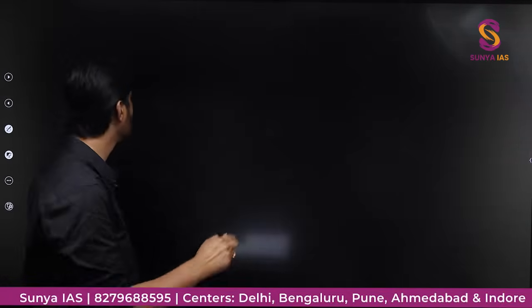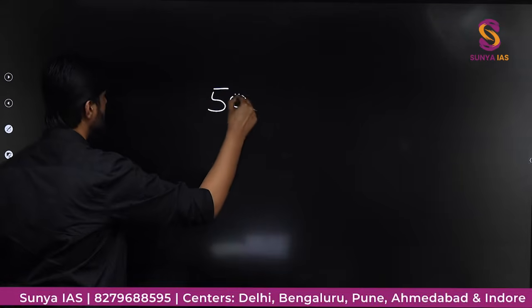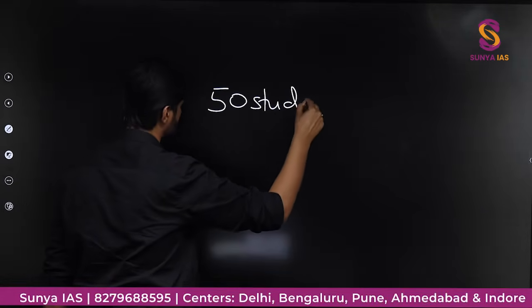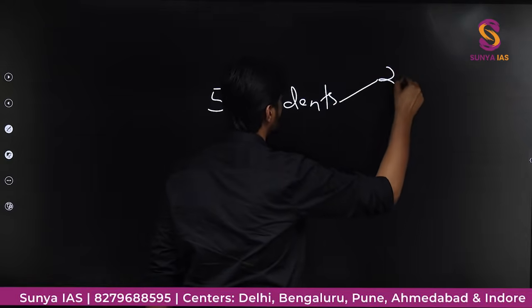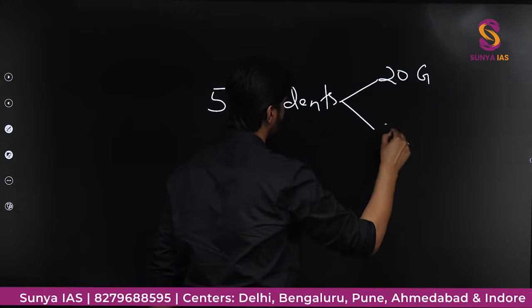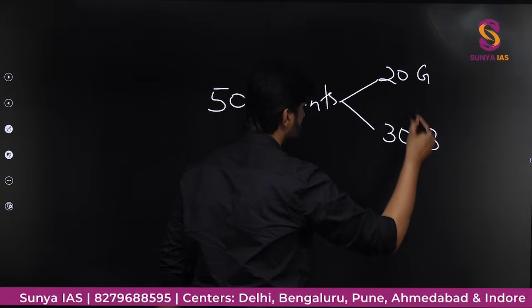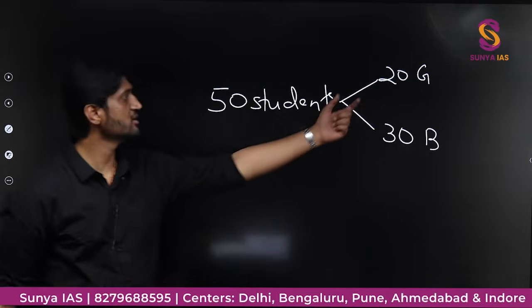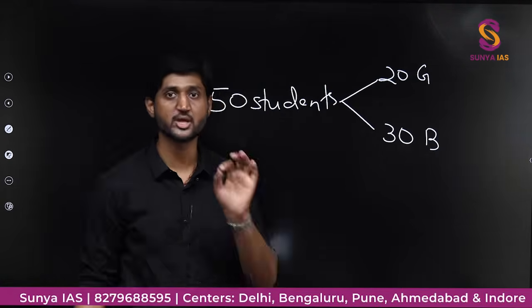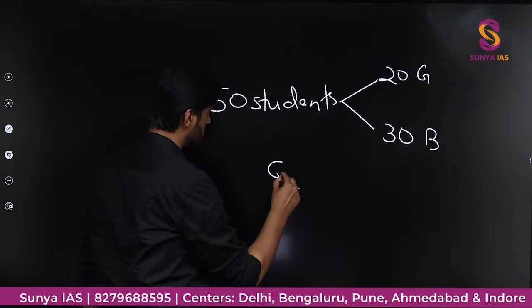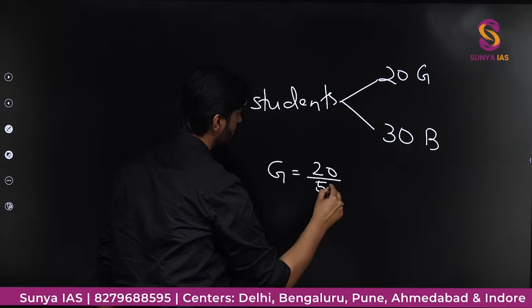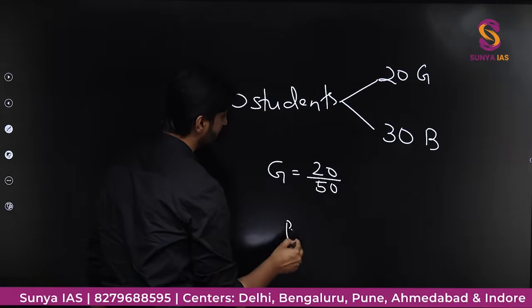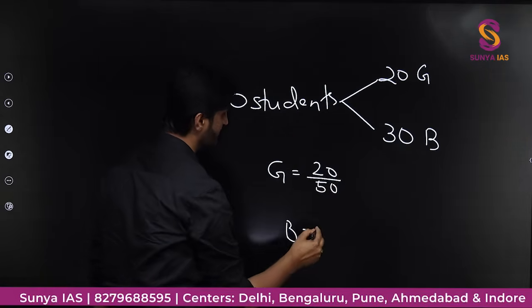Suppose similarly we have a class of 50 students, and among those 50 students, 20 are girls and the remaining 30 are boys. Can we represent girls and boys in terms of a percentage? Yes, we can do that. The fraction of girls is 20 divided by the total students, which are 50. Similarly, the fraction of boys would be 30 divided by 50.